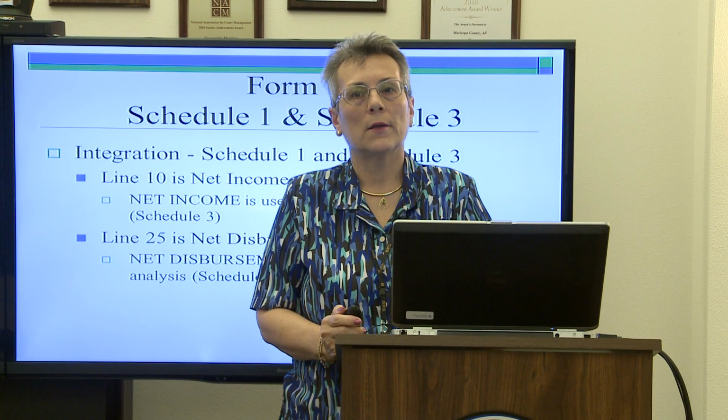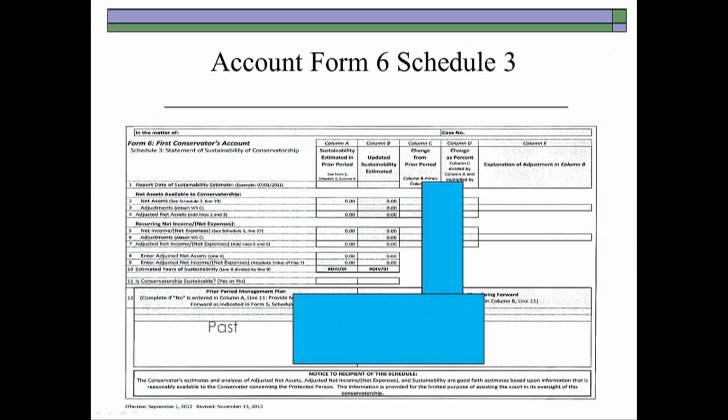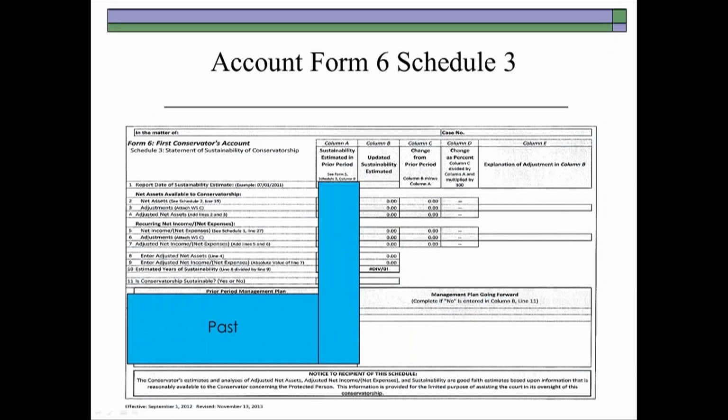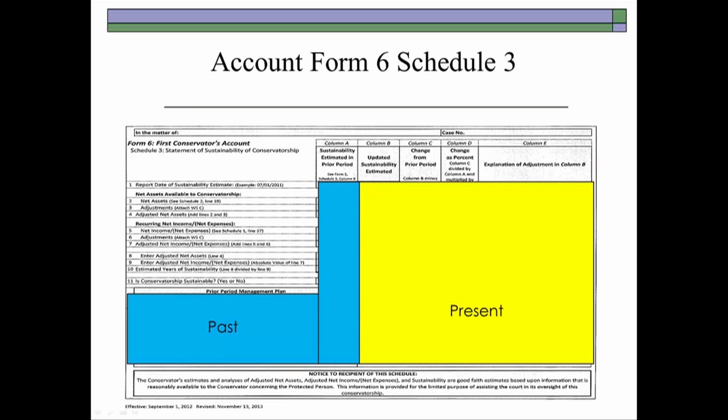From Schedule 1, those will feed to Schedule 3, which is the sustainability schedule. Column A of the sustainability schedule is the past information. And again, from a prior period, this information will not be available in your first annual account. There was no past activity. Column B, column C, and column D will represent the present account period that you're reporting on, and that is where the net income and the net disbursements will be included.